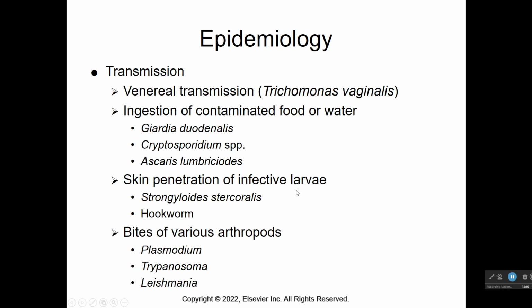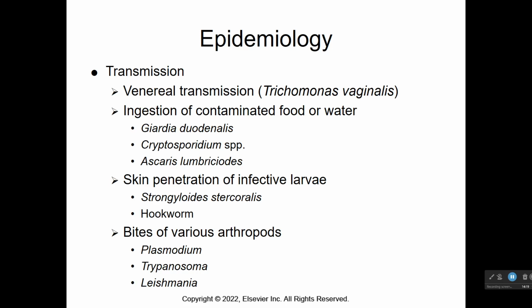Okay, so when we start to look at transmission, we talked about skin penetration, we talked about ingestion. There's also venereal transmission. Trichomonas vaginalis, one of our protozoa, is sexually transmitted. Then, of course, ingested, we have things like, some examples of ingesting contaminated food or water are Giardia, Cryptosporidium, and Ascaris.